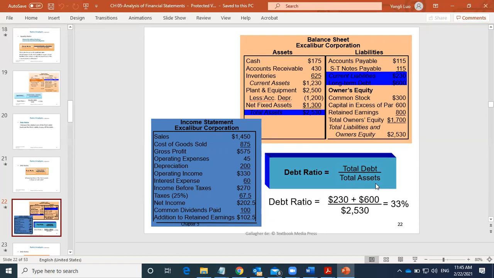Specifically, I don't want to confuse you, but the CFA clearly specifies the difference between debt and liability.